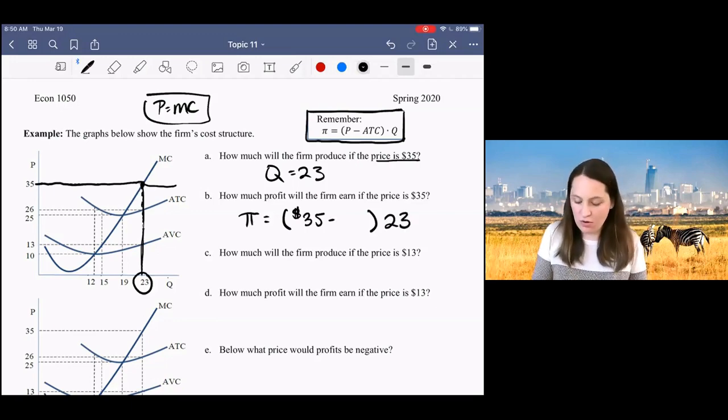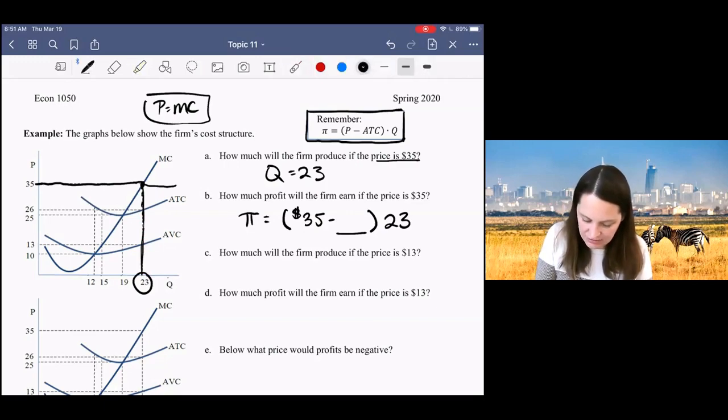Quantity is 23. So all we have to do now is to find our average total cost at the quantity of 23. And you always want to think about finding average total cost at a particular quantity because that's how this line works. It tells you different costs depending on the quantity produced. So you're going to come up from a quantity of 23 till you hit your average total cost curve.